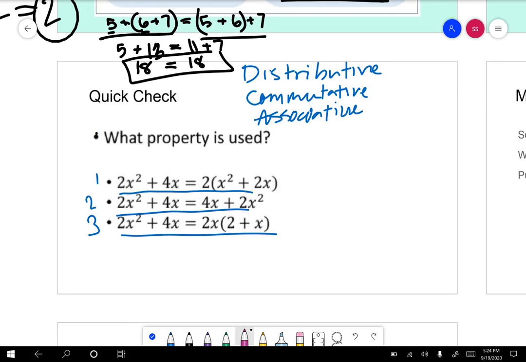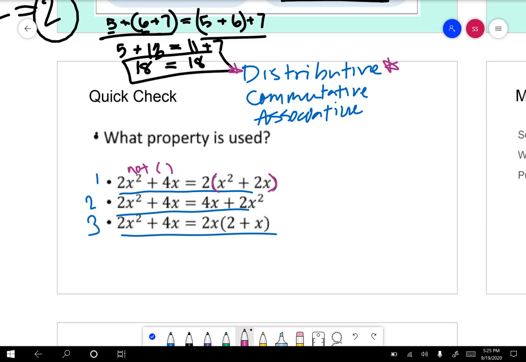Let's look at number 1. We have 2x squared plus 4x. Now, the other version of it would be 2 times (x squared plus 2x). So one thing to look for is if parentheses show up when there's not parentheses over here, generally that will be distributive property, right?